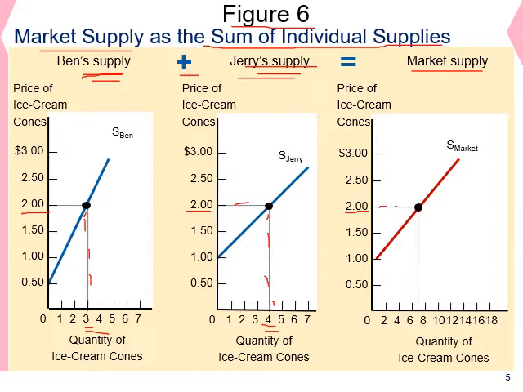So at $2, Ben and Jerry will supply altogether 7 cones. So 7 cones will be the market supply for ice cream.